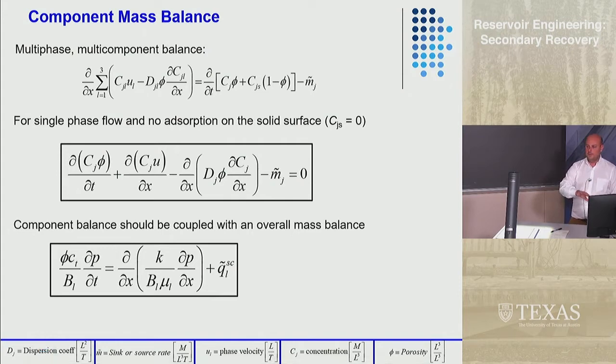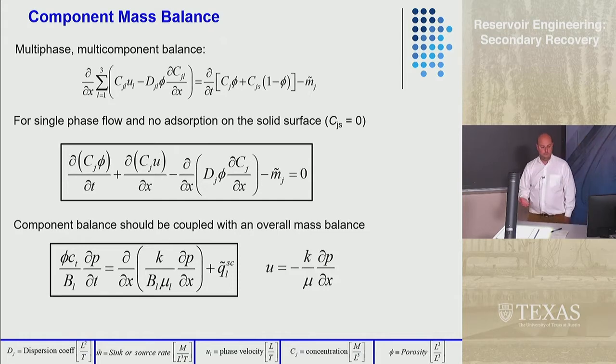This probably looks familiar to you from Reservoir 1, and we talked about it at the beginning of the semester. Once you get the pressure field, you can take the derivative and use Darcy's law, and you get the velocity everywhere. Now, all that's kind of complicated, and I think beyond the scope of what we want to talk about in this class. The point being is that we've got this PDE that we want to solve for concentration.